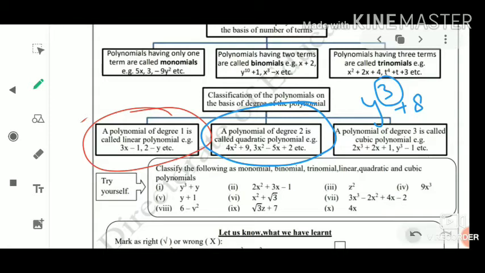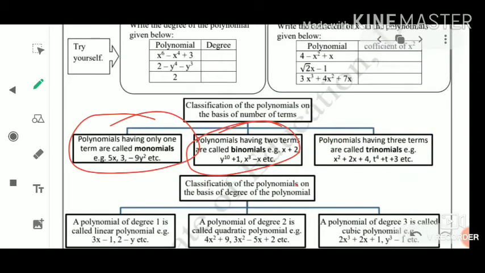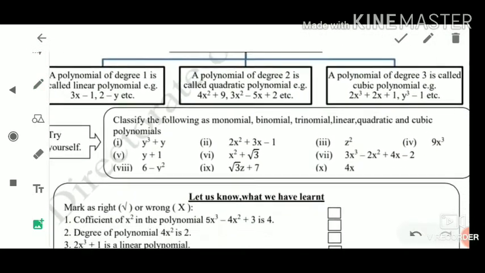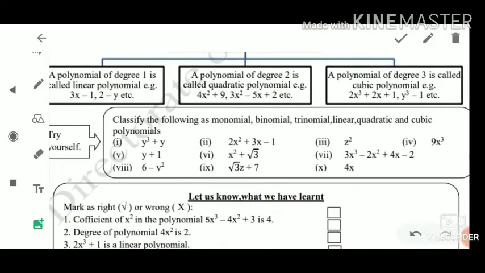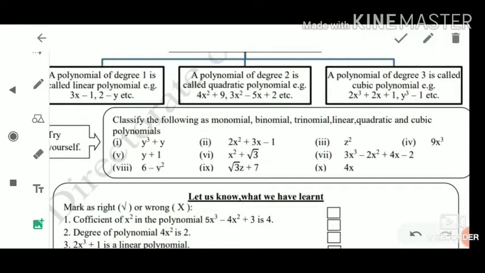So let's look at the questions. These are the questions, and we need to classify the following as monomial, binomial, trinomial, linear, quadratic, and cubic polynomial.